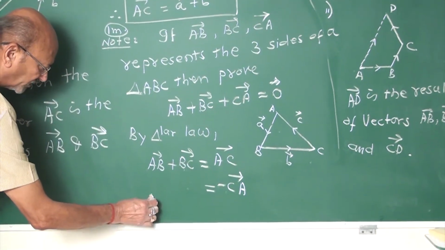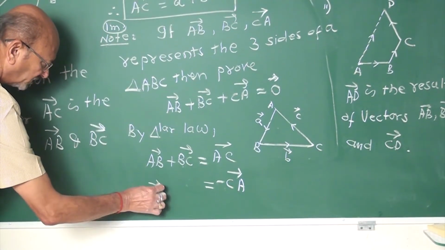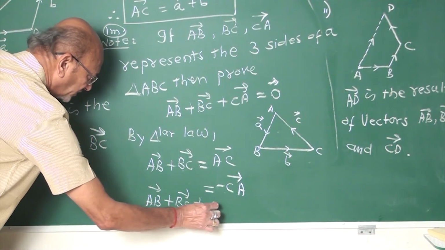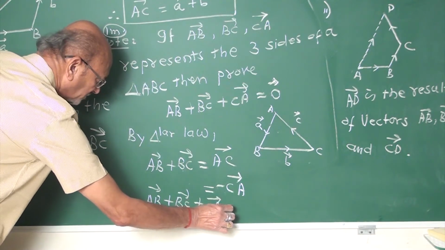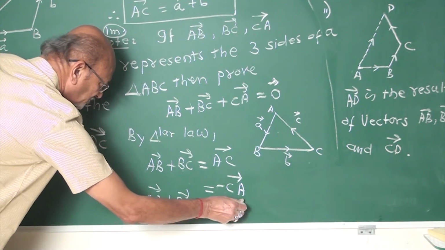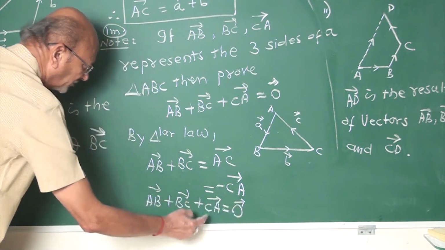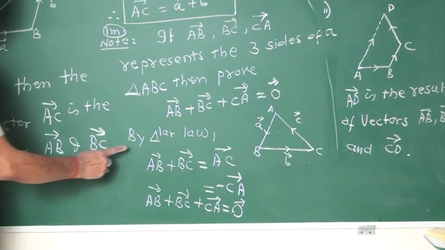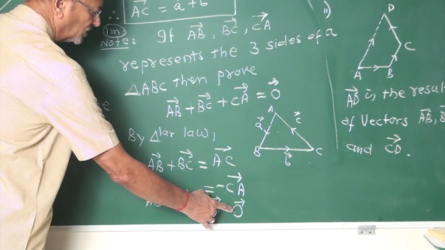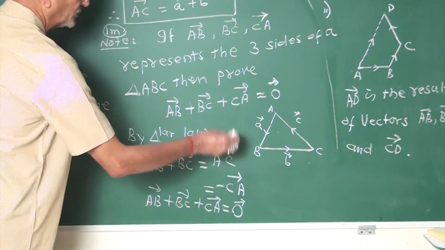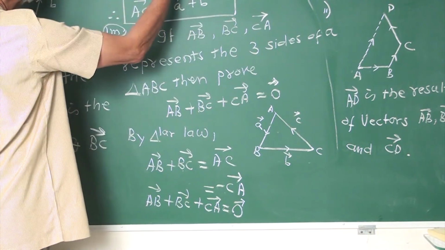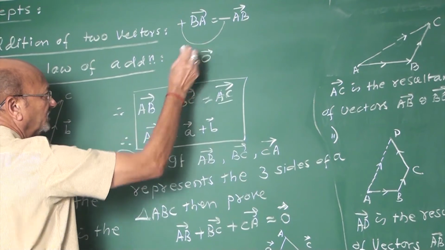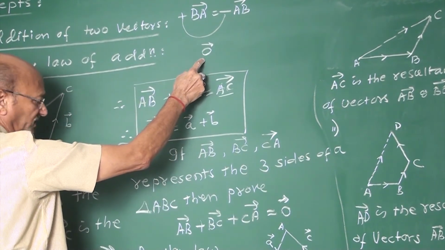Take this to this side. This is vector AB plus BC plus CA. Taking this to this side, that minus becomes plus, and this is the zero vector. I tell you, my friends, the LHS is the sum of the vectors. The LHS is a vector part, therefore don't write simply 0. If you write simply 0, it is a scalar quantity, it is not a vector. If you put the bar, it becomes a vector, the zero vector.